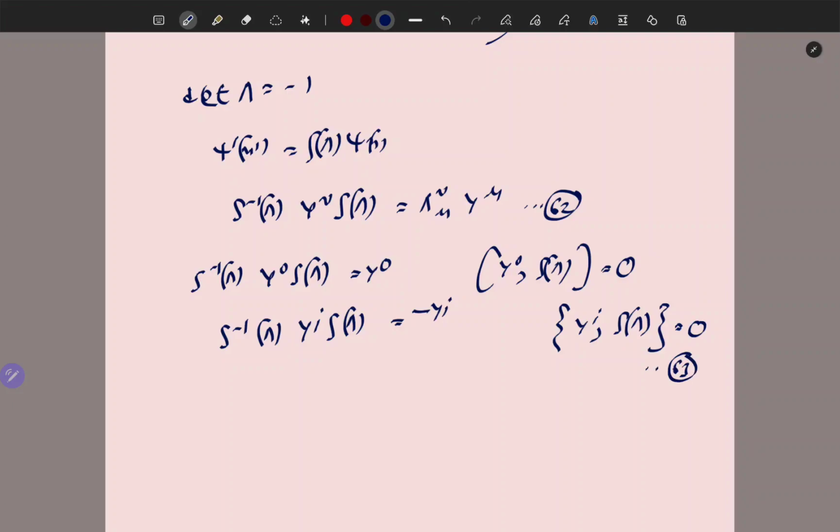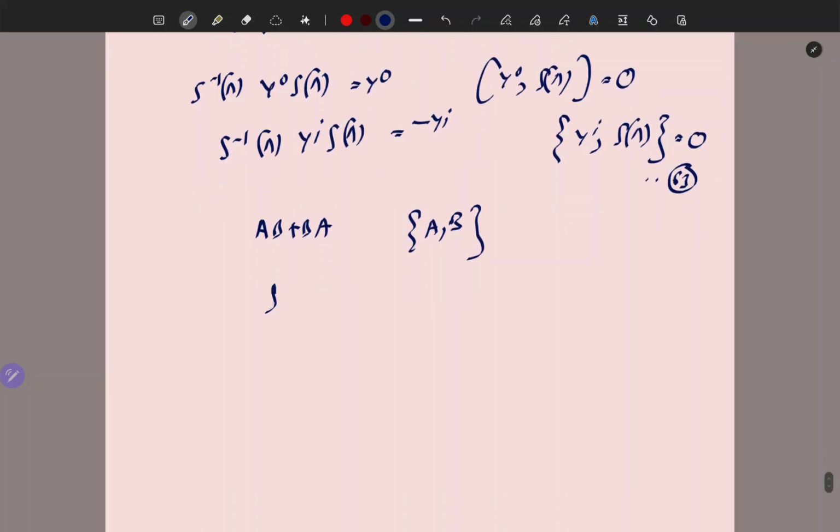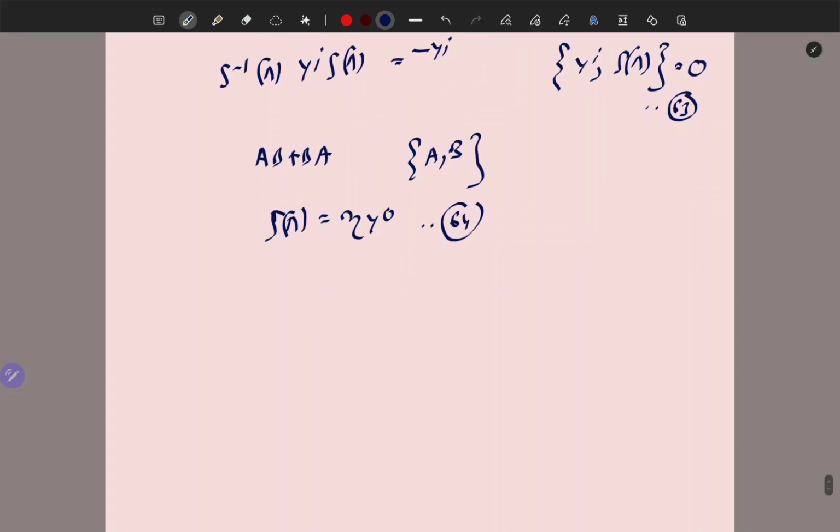This is equation number 63, where we denote the anti-commutator AB + BA by {A, B}. A choice S(Λ) = ηγ⁰ is number 64, which satisfies equation number 63.